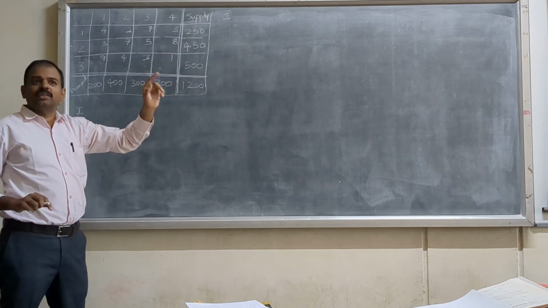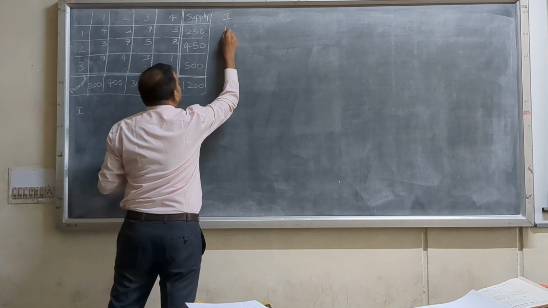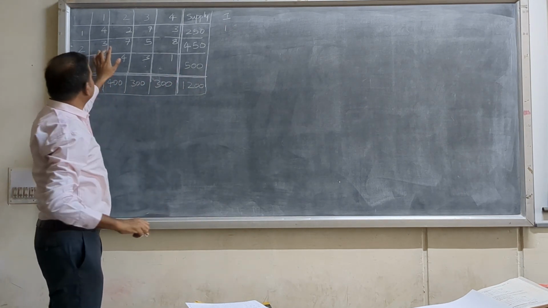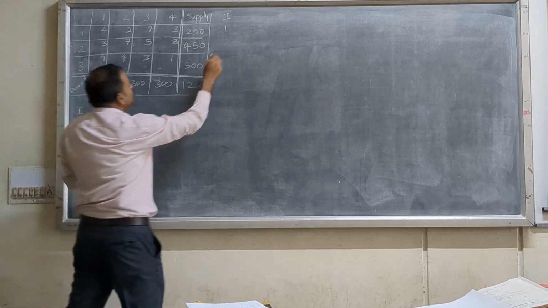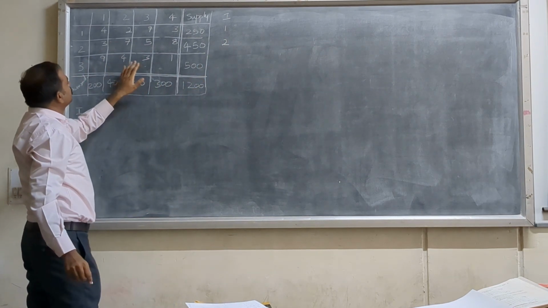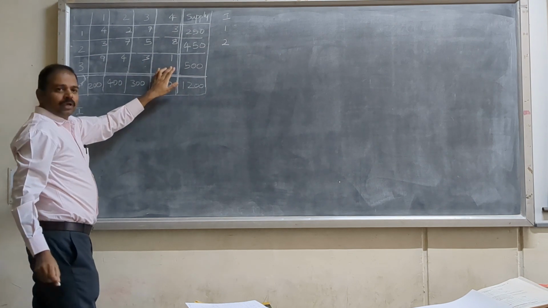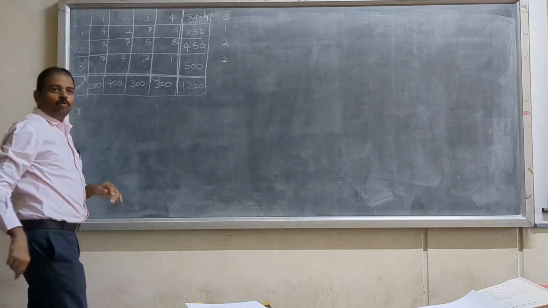The difference, 3 minus 2, is 1. In the second row it is 3 and 5, so 5 minus 3 is 2. In the next row the least two costs are 3 and 1, so 3 minus 1 is 2. So we have done the row penalties.